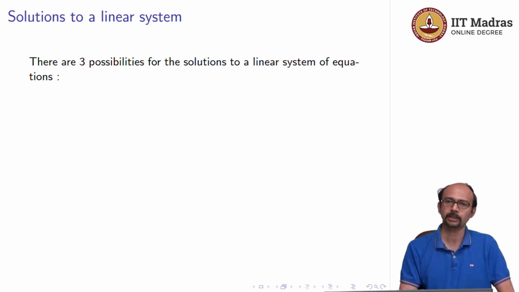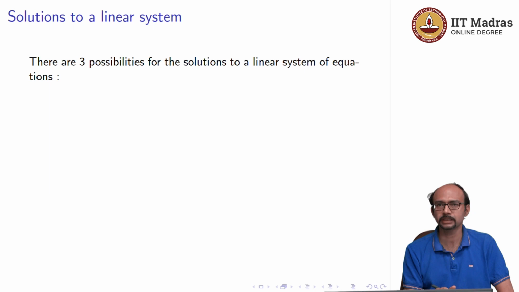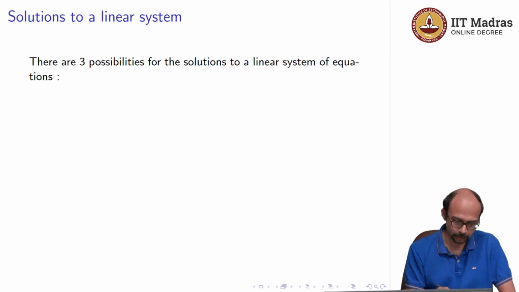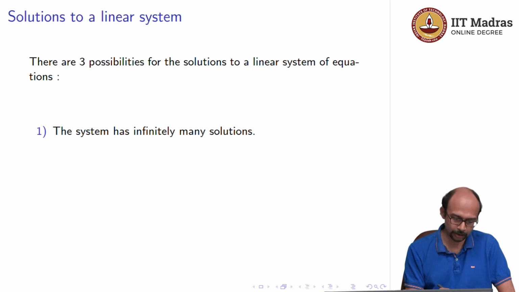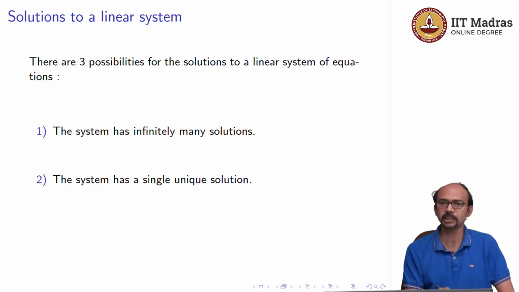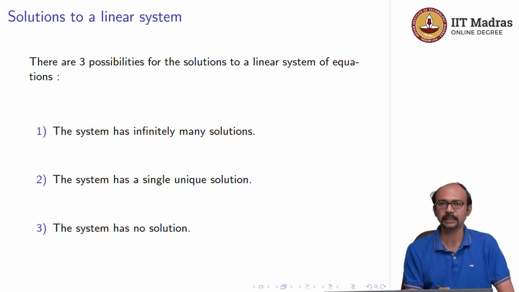In general, what can we say about solutions of a linear system? It turns out that there are only 3 possibilities. Either a system has infinitely many solutions, or a single unique solution, or no solution.